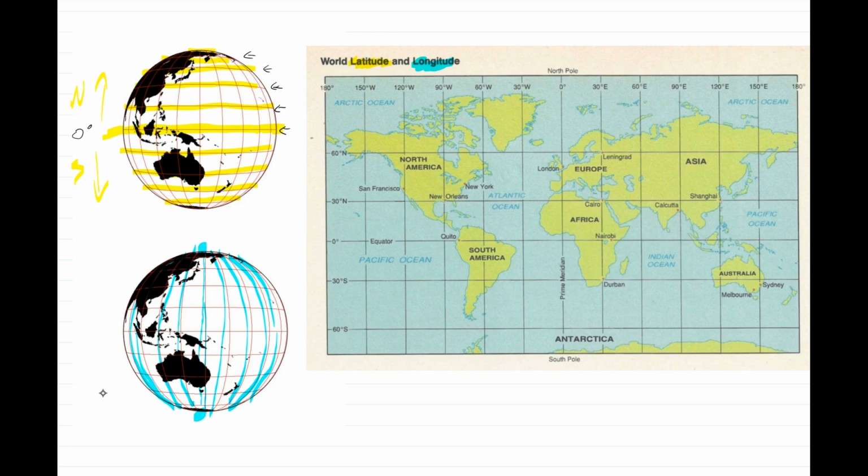Now notice how, because they all go from the North Pole to the South Pole, they're all the same size. So we don't need to factor that in when we're looking at distances, because they're all going to be the same length. Lines of longitude show us how far east or west we are on the globe.